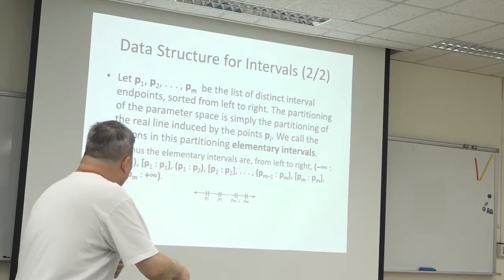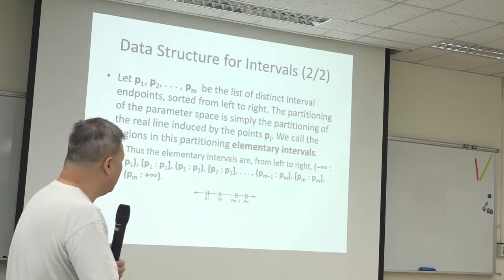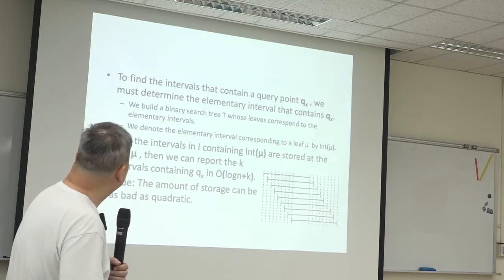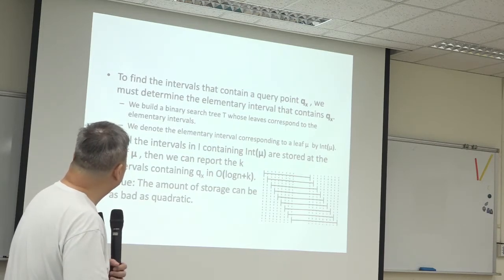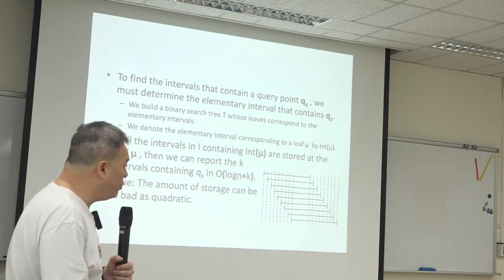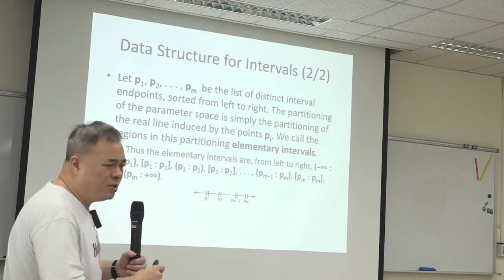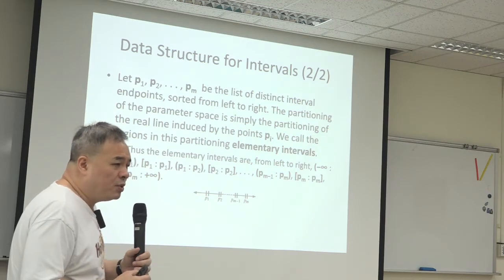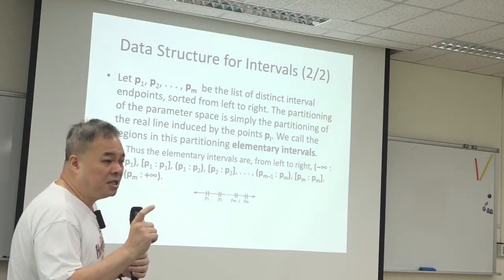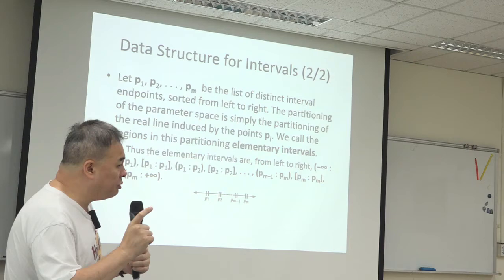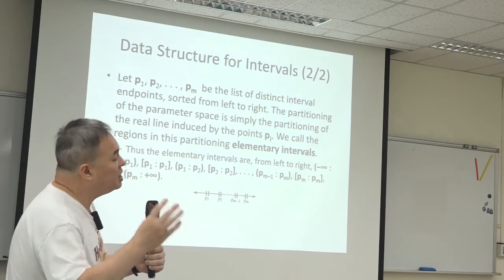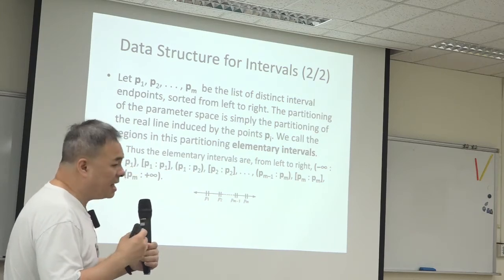With that in mind, we are now in a position to talk about the interval tree. Remember, we want to answer queries efficiently. So if we can pre-compute things, then we just do the pre-computation. But of course, we also want to make sure the pre-computation is not too costly.